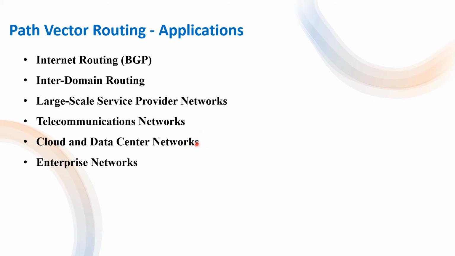In cloud computing and large data centers, path vector routing helps manage traffic across multiple data centers or cloud regions, ensuring optimal data delivery across the different autonomous systems. Large enterprises use path vector routing for managing traffic between their various offices or data centers, especially when spanning multiple countries or regions.